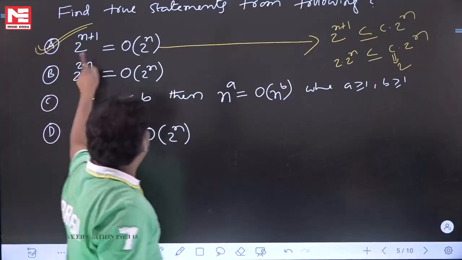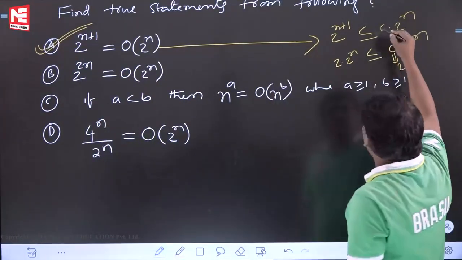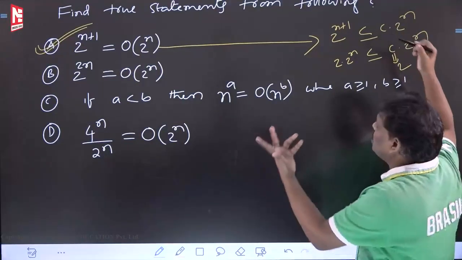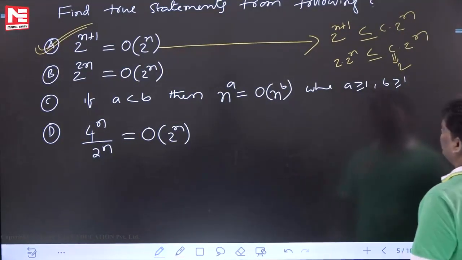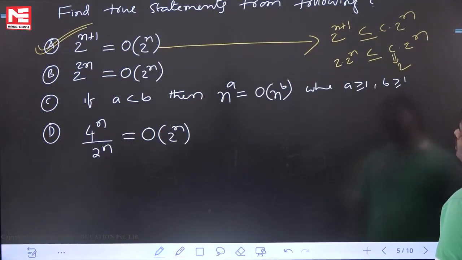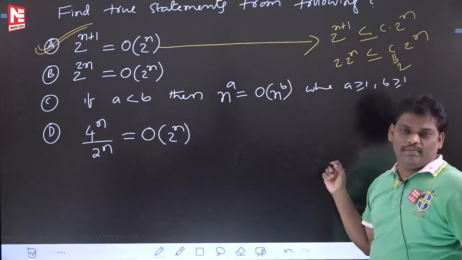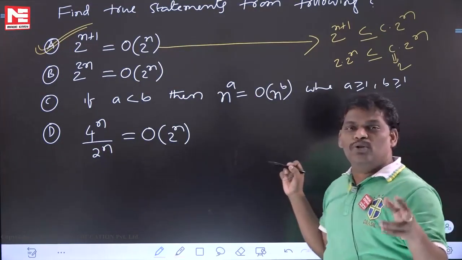So option A for big O, true or not? Yes. Can you say option A for omega? What is the answer? If you want to make omega, left side will be greater, then c value 1. Omega also possible, because left is already greater. Big O and omega both possible, then theta.